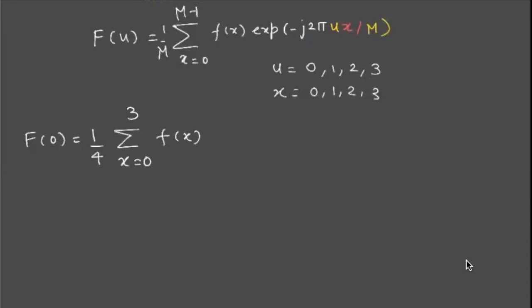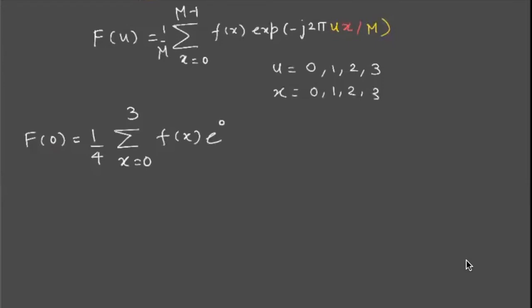And because now in this situation we are calculating it for u equal to 0, we can straight away write the exponent of 0. Even though x will vary, once u is 0, everything in the exponent will become 0.